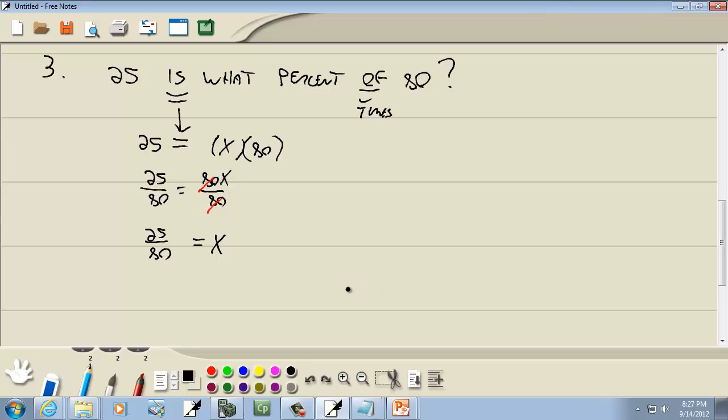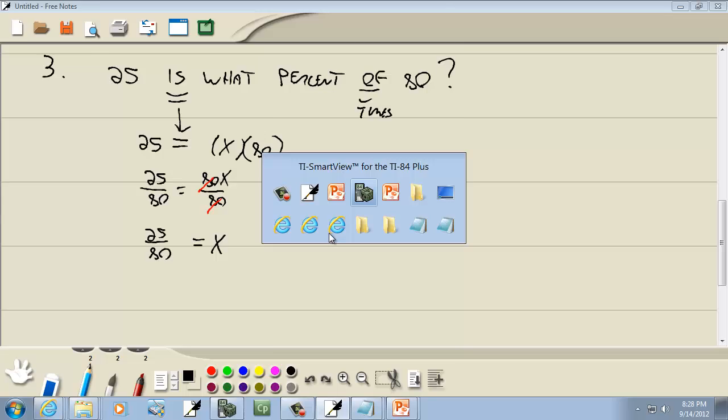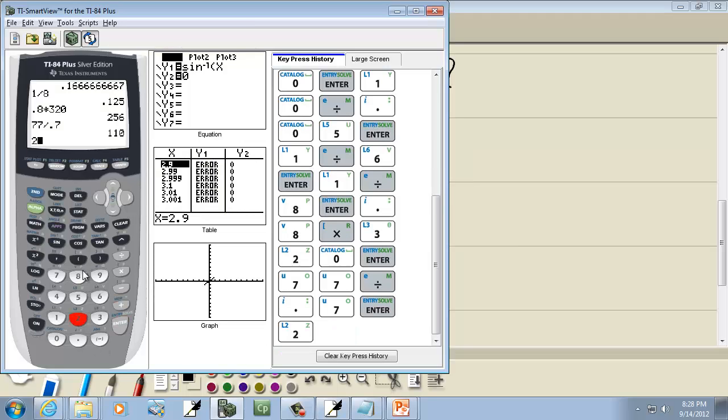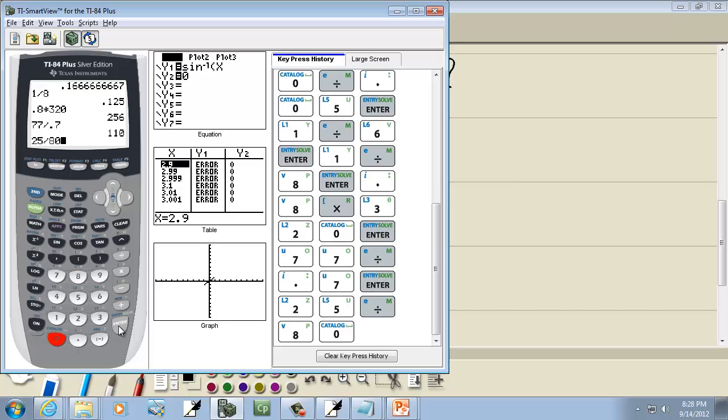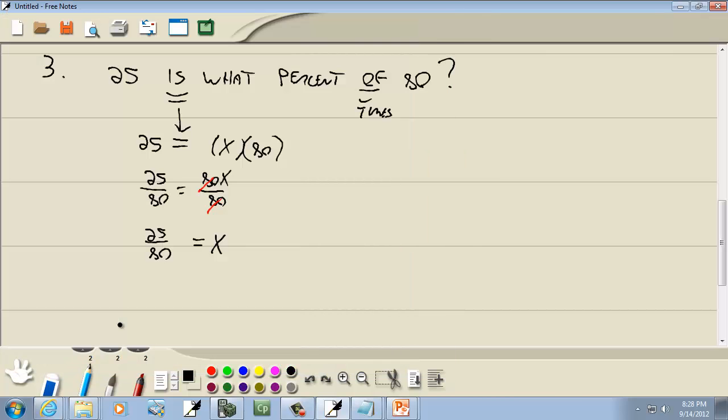Let me get it. There it is. Got a special pen for this little tablet. Okay, 25 divided by 80. Let me put that in my calculator. 25 divided by 80. And we get 0.3125.